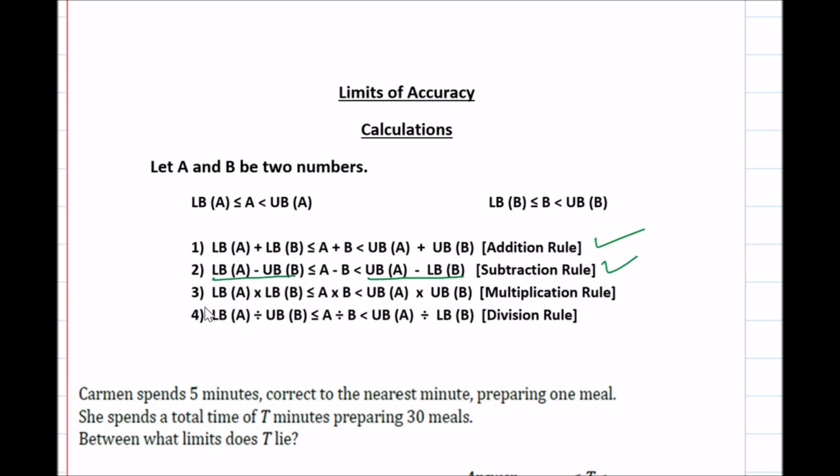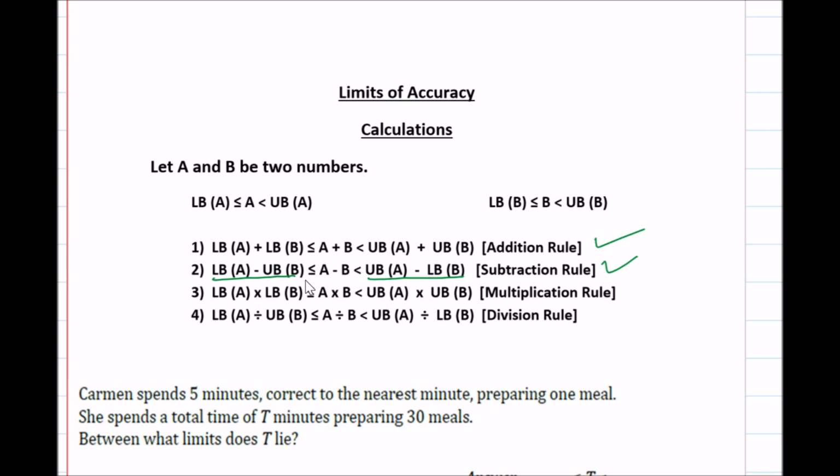Now, rule number 3, the multiplication rule. Lower bound of A into lower bound of B gives us the lower bound of A into B, the product. To find the lower bound of a product, we will find the lower bound of the first number into the lower bound of the second number.